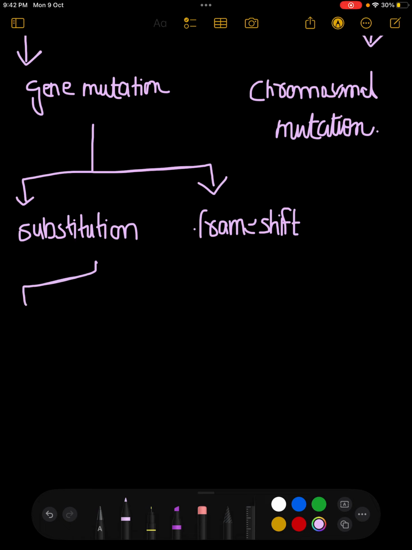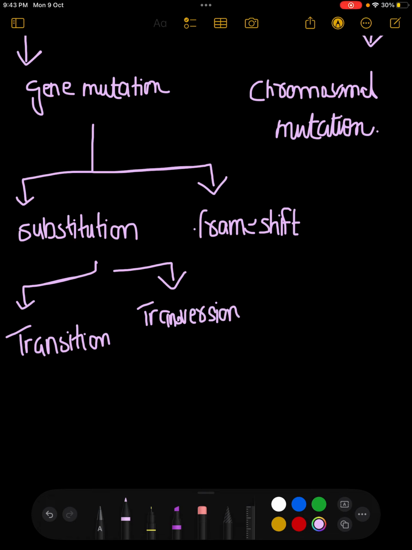This substitution is further divided into transition and transversion, right? Now this frame shift is divided into addition and deletion.